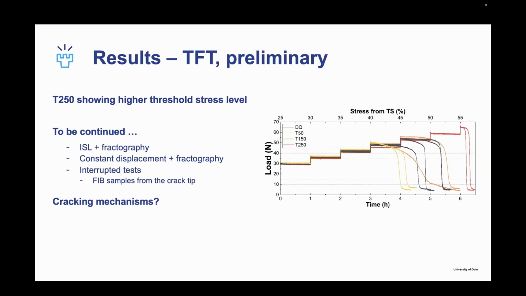So it does seem like low temperature tempering at that temperature can slightly improve hydrogen embrittlement resistance. But of course, there are a lot more questions, for example the cracking mechanisms. So we're going to continue with investigation of the fracture surfaces, maybe do interrupted testing, and also check the crack tips.